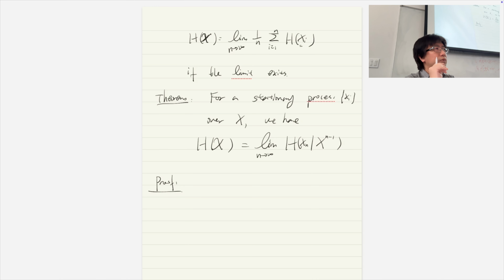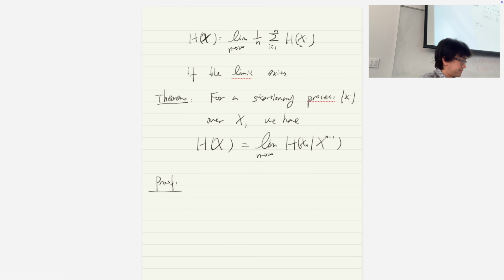The first step is that we're going to show this function is a non-increasing function with n. Basically, if it's lower bounded and non-increasing, then we can at least say the limit exists. We don't know what the limit is, but the limit will exist. That's how we show it.